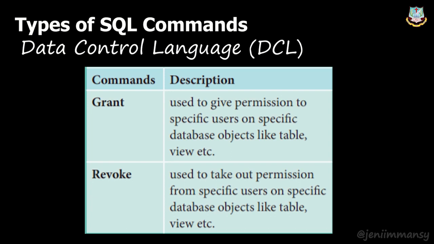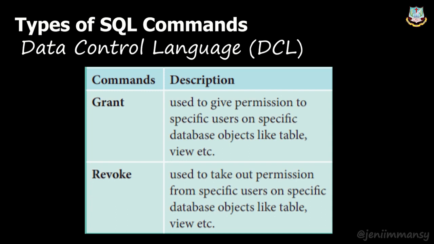Data control language is for security purposes on the database. A database has objects like a table, a row, a column, a view, and a stored procedure. To make them secure, we use data control language.